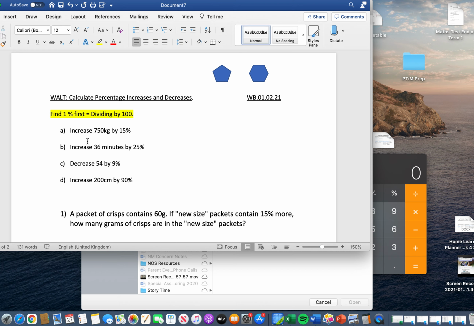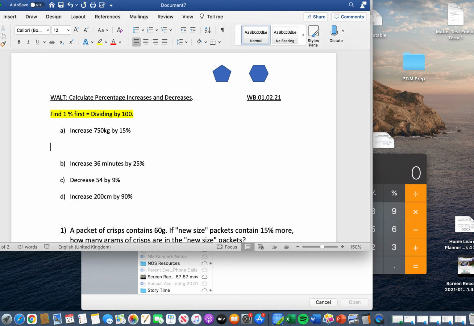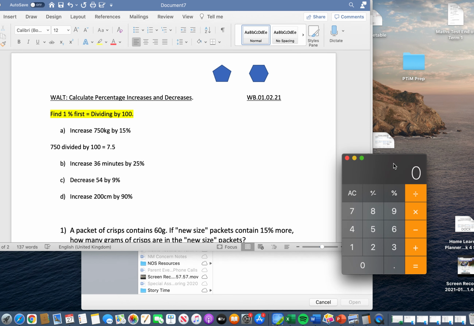So I go 750 divided by 100. As you know, the place value of the number will move twice, so I'm fairly confident the number we're going to get is 7.5. Let's check on my calculator: 750 divided by 100 equals 7.5. That's my first step.